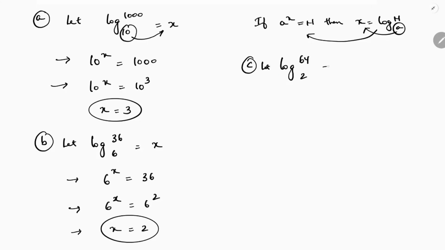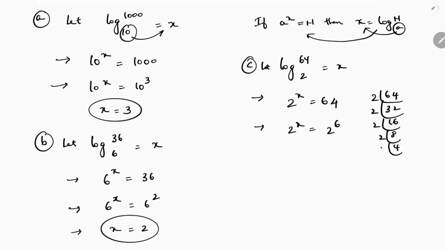Let it equal x. If I write this logarithm form in exponential form, 2 power x equals 64. I can write 64 as 2 power 6: 64, 2 times 32, 2 times 16, 2 times 8, 2 times 4, 2 times 2. So 2 power x equals 2 power 6. The bases are equal. Therefore, the value of x is 6.